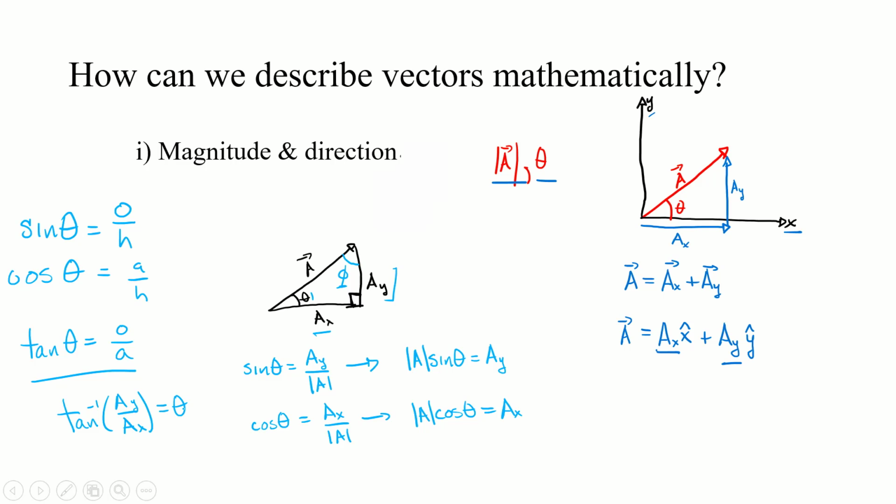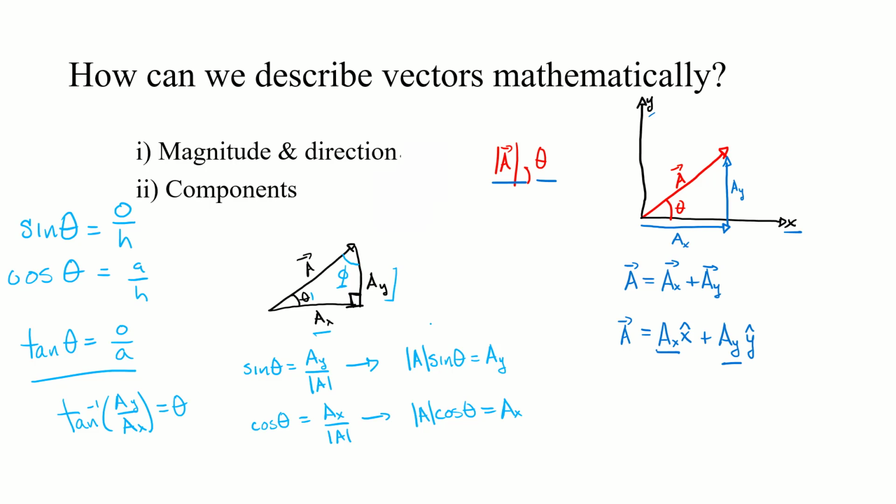Anyway, those are the two ways we can describe vectors. We can use magnitude and direction, or we can use components.